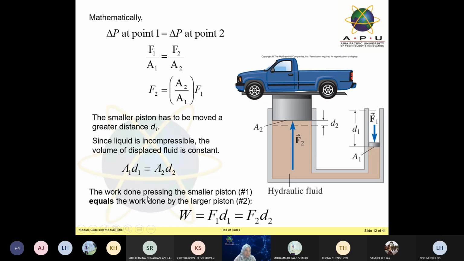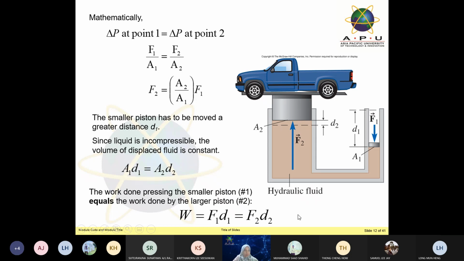Next, the work done pressing the smaller piston equals the work done by the larger piston. So work W equal to F1 D1 equal to F2 D2. This is another formula, got 3.